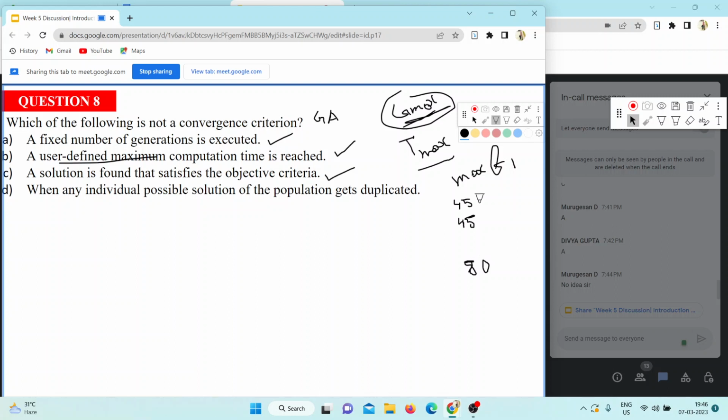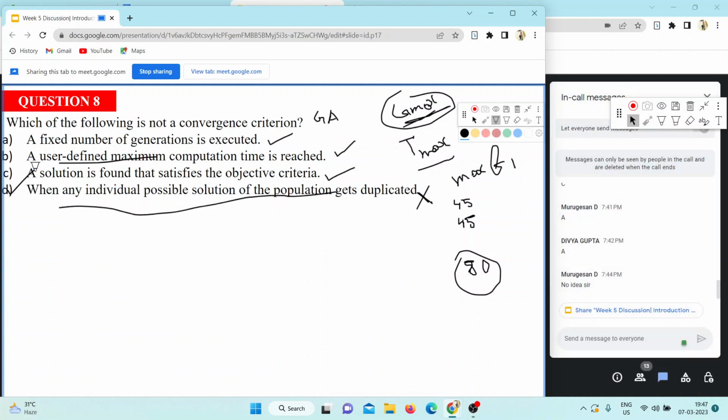So definitely if again a 45 came, your GA will not terminate, because it has to reach this 80 value. So this is actually the wrong statement out of the following. So this is not a convergence criteria for GA. So the answer is D.